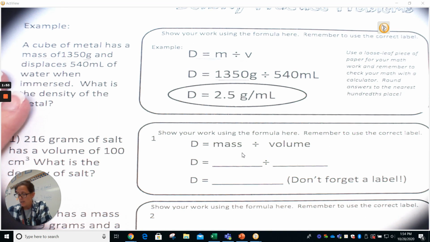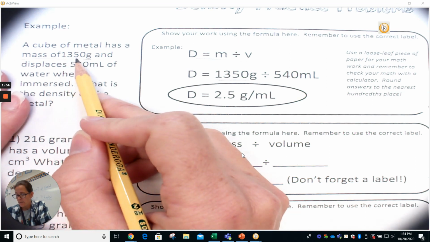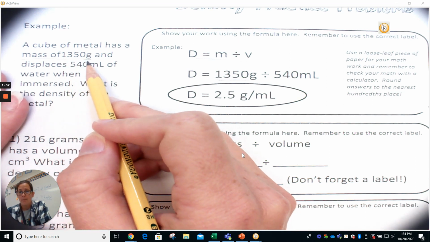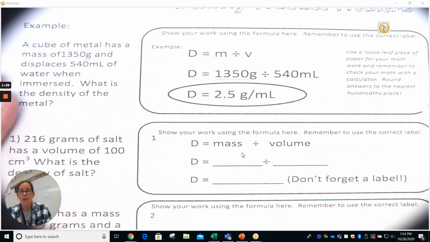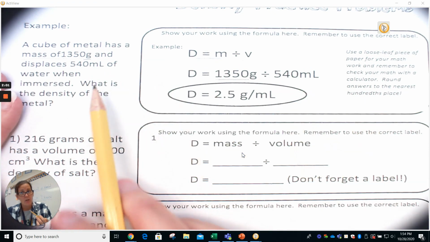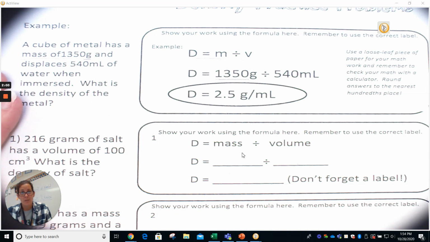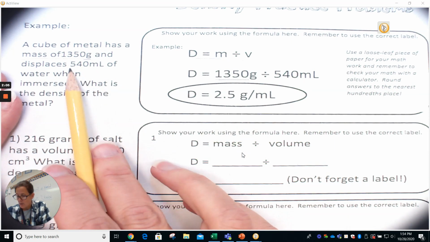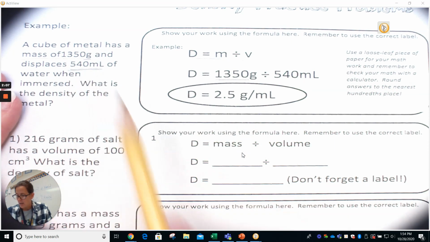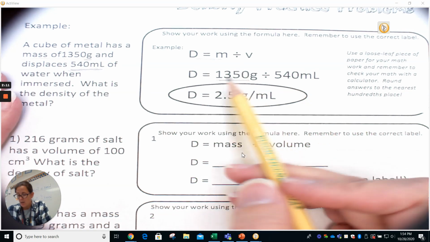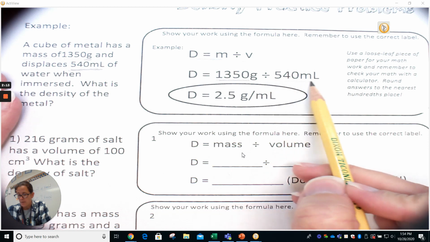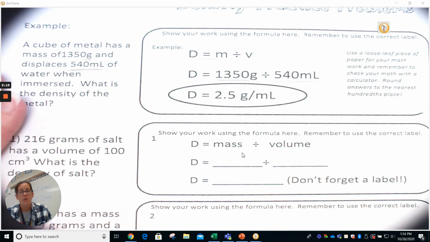So we know 1,350 grams is the mass, and the volume, you kind of saw that in the video, the displacement method, that's going to be the volume right here of the cube of metal. So we could plug in our mass and our volume into our formula and then do the math.